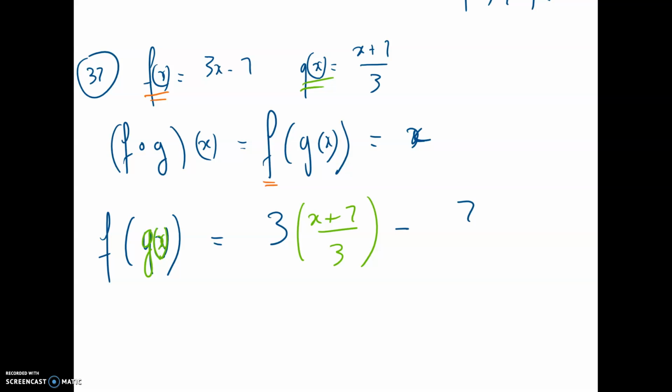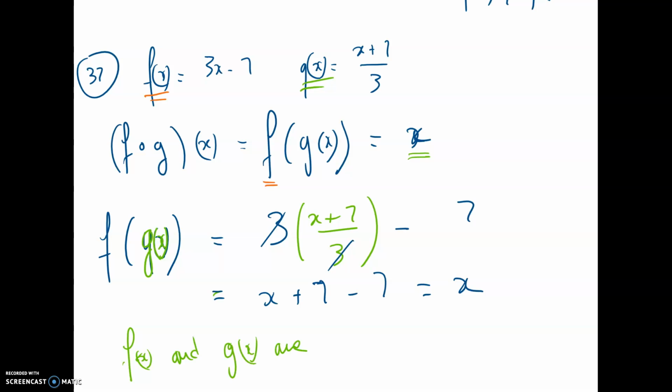All right, so that said, I'm going to divide out the 3. We get x plus 7 minus 7, and we end up with x. Because we are checking that f of g of x equals x, we can say that these two functions, f of x and g of x, are inverse of each other.